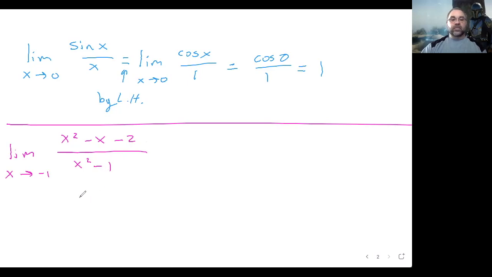Well, if you plug in -1, let's see. We get 1 for x squared plus 1, which is 2, minus 2. That's 0. X squared minus 1, that's also 0. So this is a 0 over 0 case. So let's apply L'Hopital's rule and see what happens as x approaches -1.